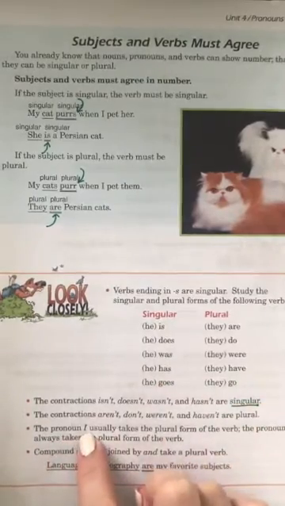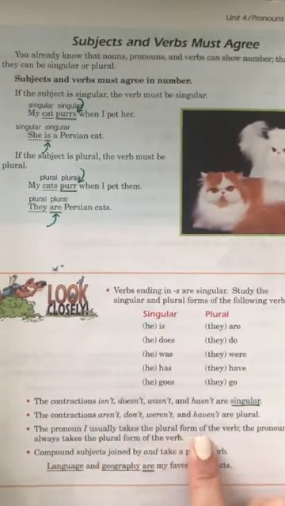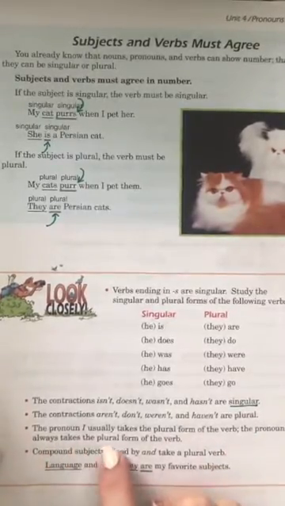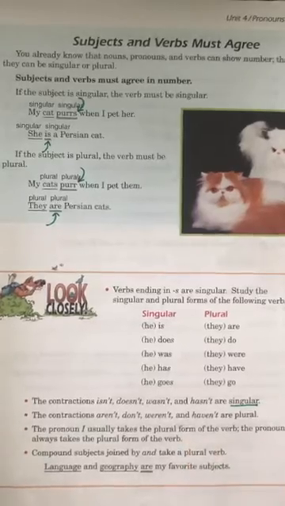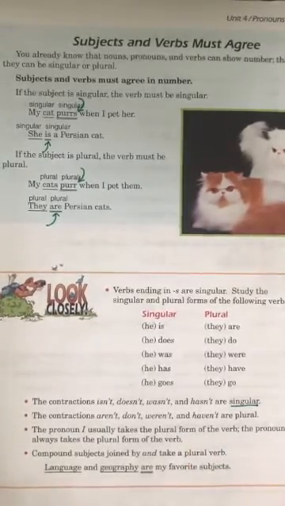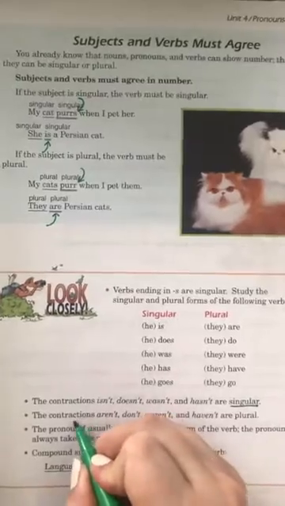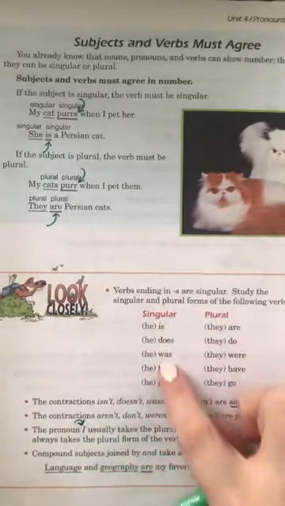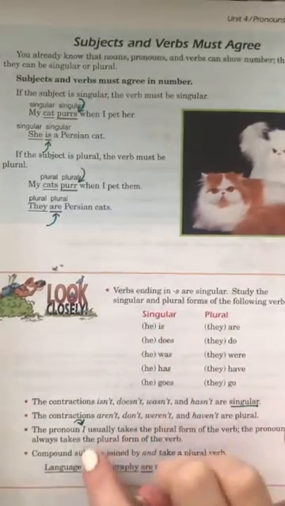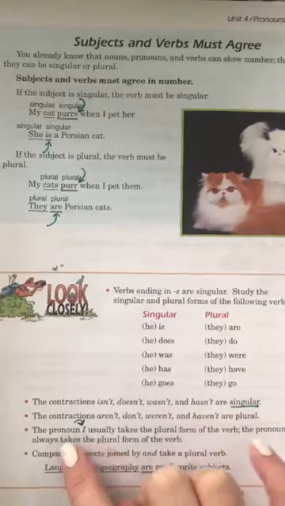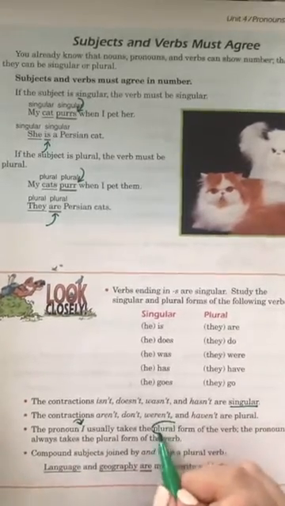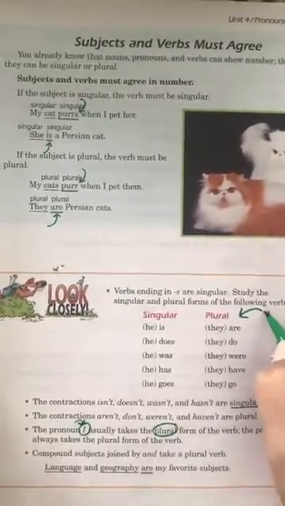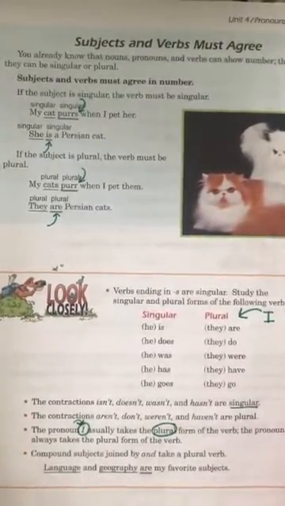You have to adjust your verb to go with the correct pronoun. The pronoun I usually takes the plural form of the verb. The pronoun you always takes the plural form of the verb. So all that means is if you're writing a sentence or you're talking and you're using the pronoun I because you're talking about yourself, you would use the plural form, not singular, oftentimes, not always.